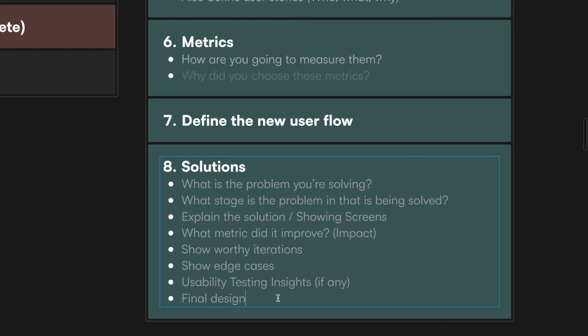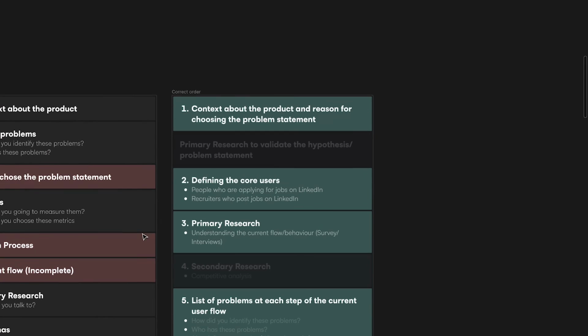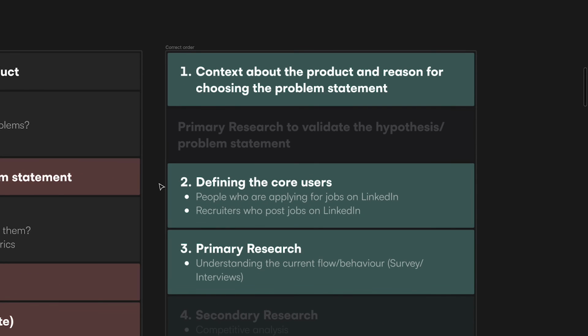And then the final, and then I'm going to say, explain the adapted solution. All right. This is obviously after the usability testing. But if you don't have usability testing, you probably show it over here. So this is basically the story you want to tell if you want to make an industry standard case study.